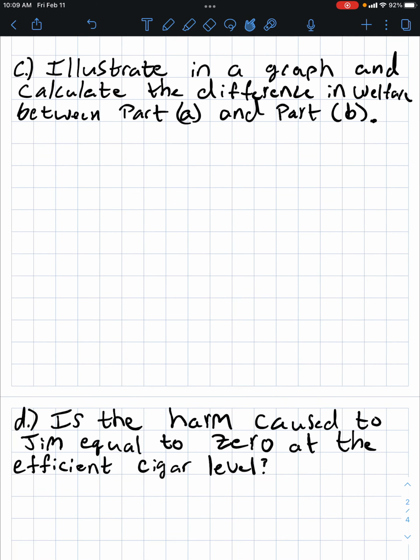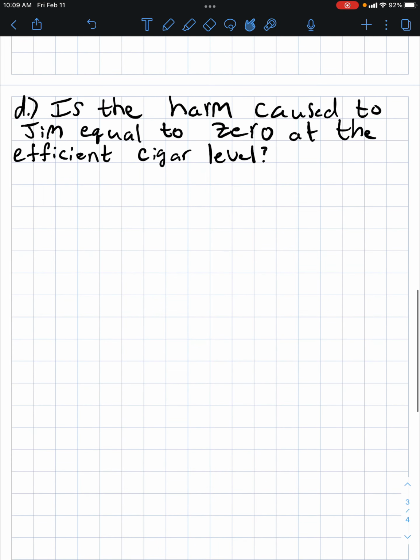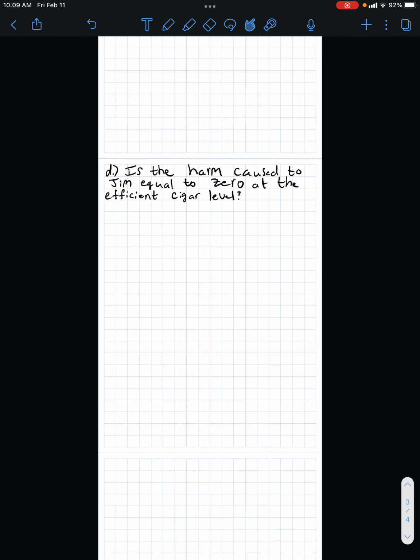Part C. Illustrate in a graph and calculate the difference in welfare between Part A and Part B. Part D. Is the harm caused to Jim equal to 0 at the efficient cigar level?